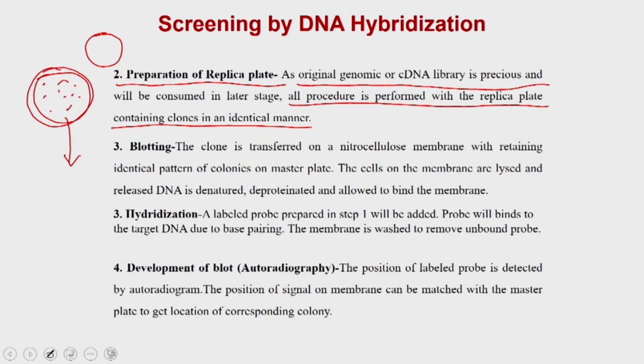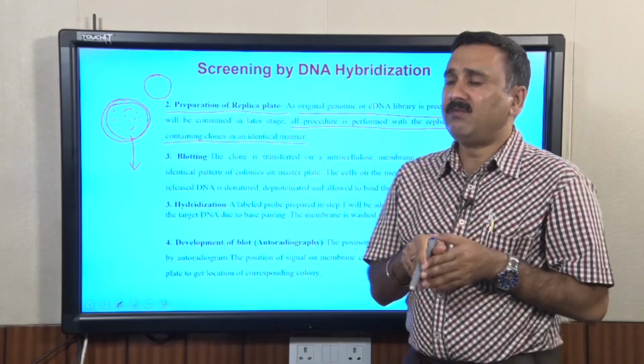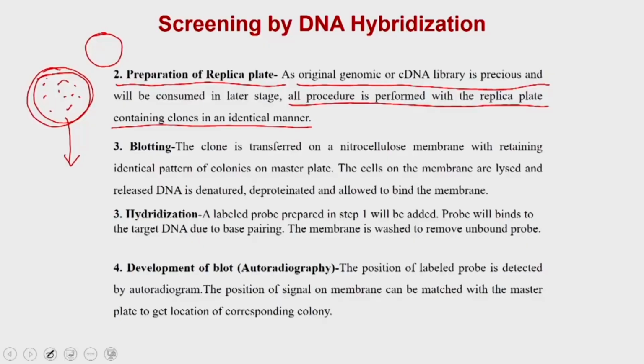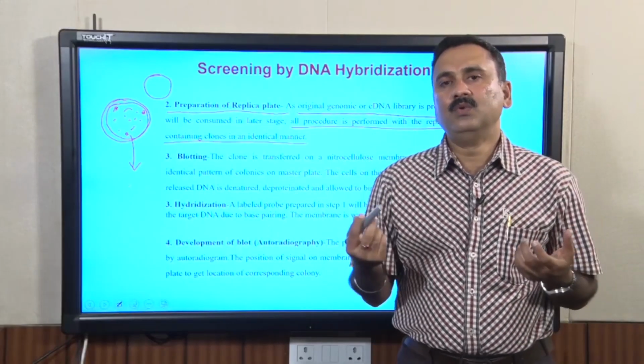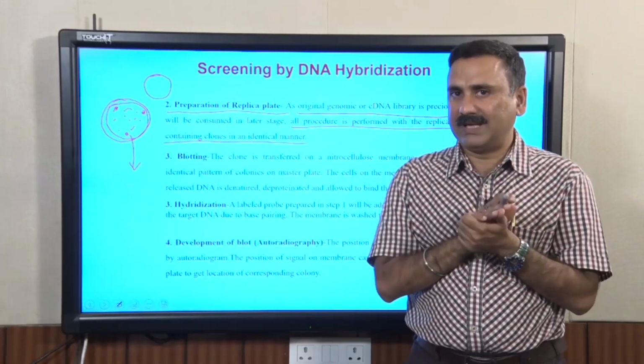To make identification easy, because in the end you have to superimpose your replica plate on your master plate to know which clone you are looking for, you are also supposed to put reference points. For example, in this case I can make 3 reference points in such a way that there is no symmetry. Then you can match these spots, and that will allow you to superimpose your replica plate on the master plate.